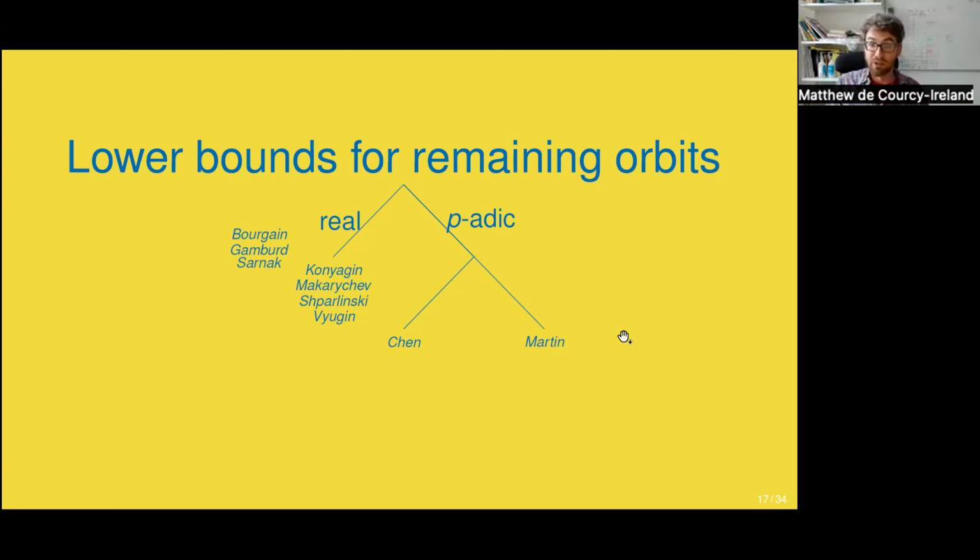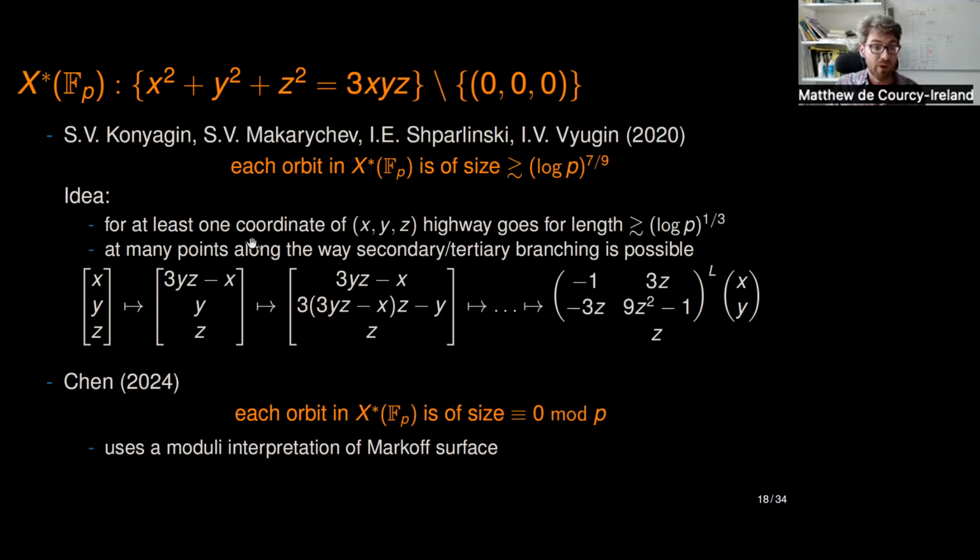You're proving a number is large by showing it's divisible by p, which also happens to be large. So I think it's good to remember the argument of Konyagin, Makarychev, Shparlinski, and Vughin. They show that each orbit is of size at least (log p) to the 7/9.